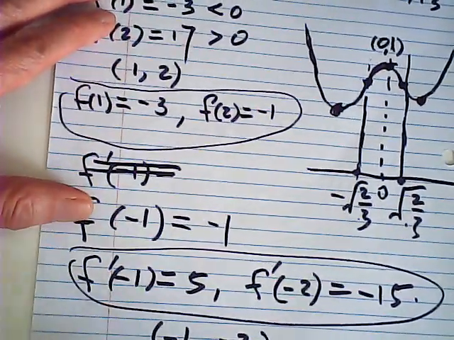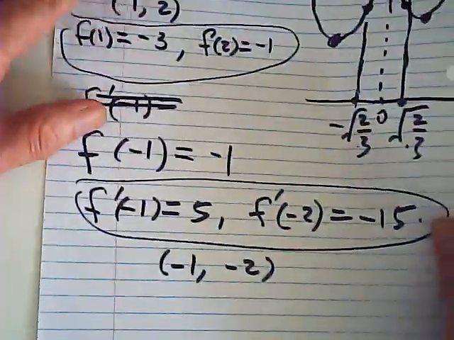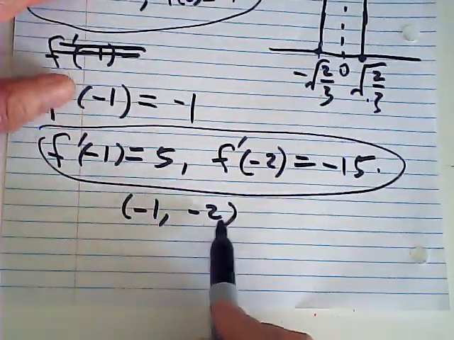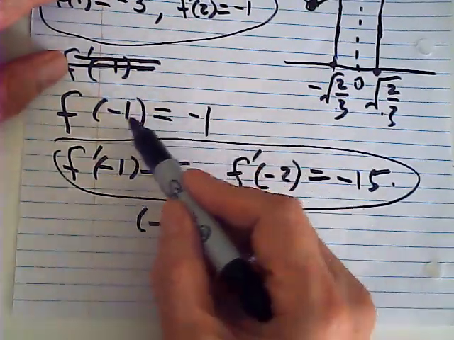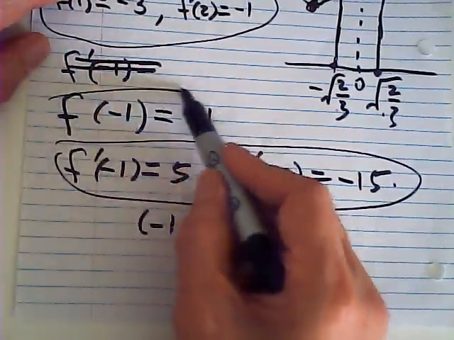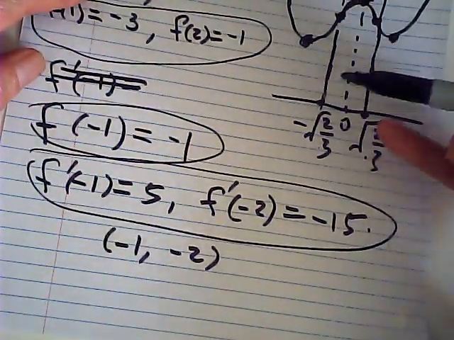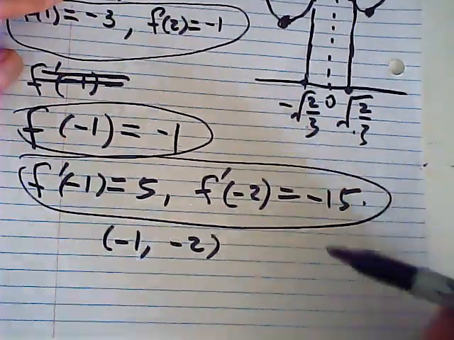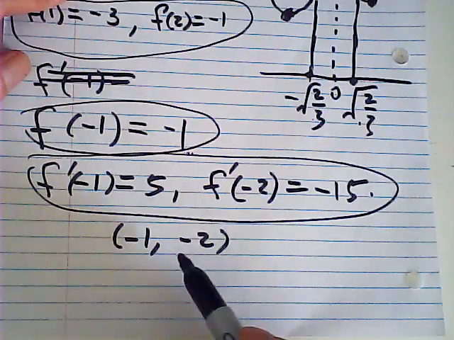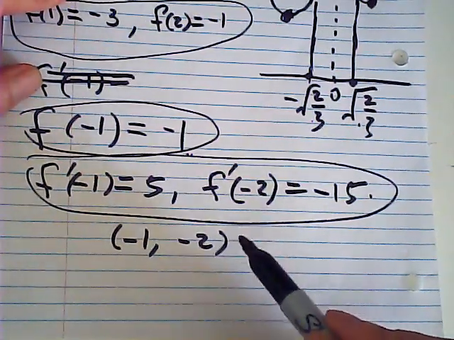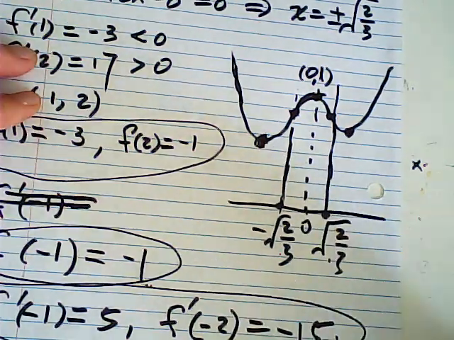The minimum point must happen at an x value between these two. Also, at -1, the function value is already below the x-axis. Therefore, the minimum point must be below the x-axis.